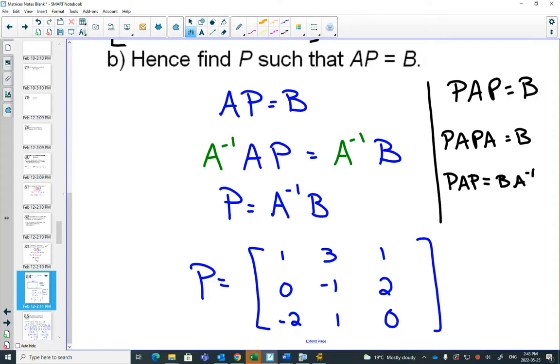I was thinking, could I add an inverse of P to get the A by itself? But then if I added an inverse of P to get rid of the A, now I have a P inverse in the middle. Yeah.